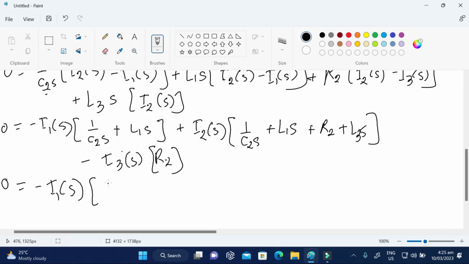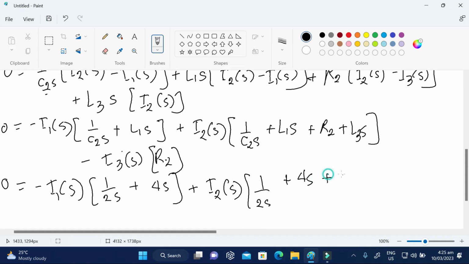Okay. Si C2 ay 1 over 2S plus 4S. Okay. Plus I2S multiplied by 1 over 2S plus 4S plus 3 plus 4S.